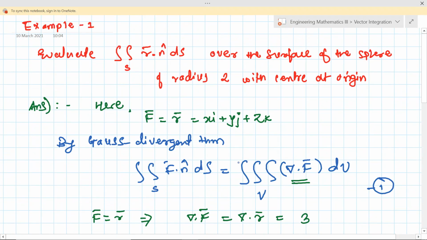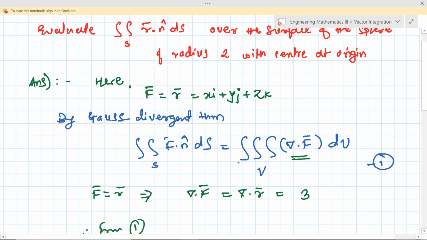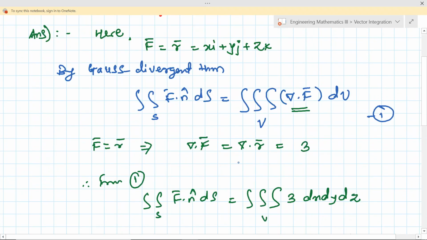If you have a doubt in any step, you can ask. Okay, so see, we can easily construct the result with the help of the divergence. Otherwise, this surface integral we need to find directly, or it is unnecessary, because we have del dot f bar.